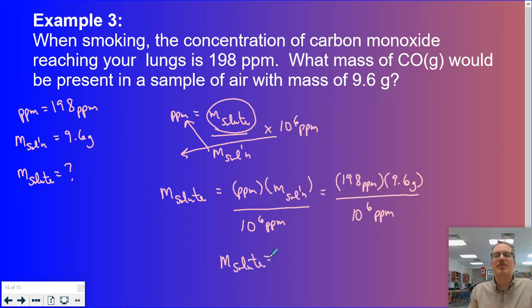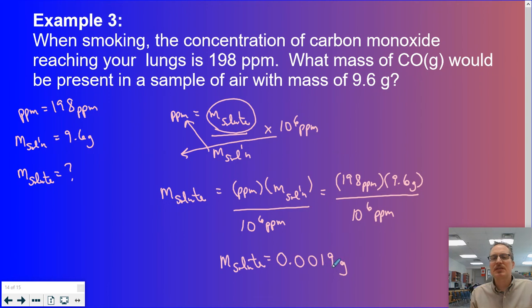So I'm going to type this in my calculator. 198 times 9.6, enter, divided by 1 million. And my answer is going to be very, very small, and it's going to be 0 decimal, and we are allowed 2 sig digs, it looks like, 0.0019 grams.